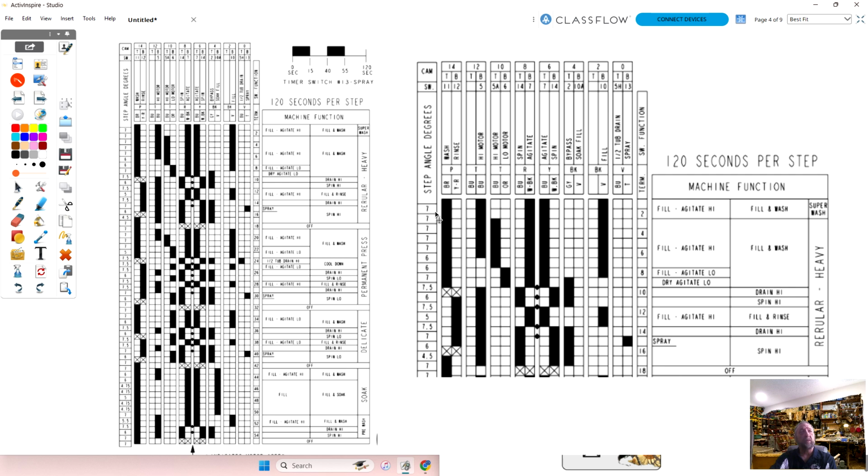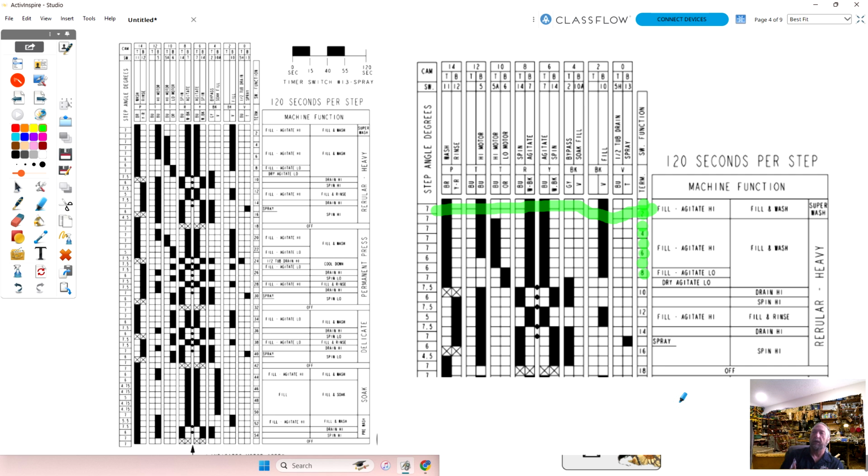So if we look at these horizontal lines here, and I'll just try to draw as straight as I can. Oh, that's not good. Let me try one more time. This horizontal line here are considered steps. And if you look here, we got 1, 2, 3, 4, 5, 6, 7, 8.